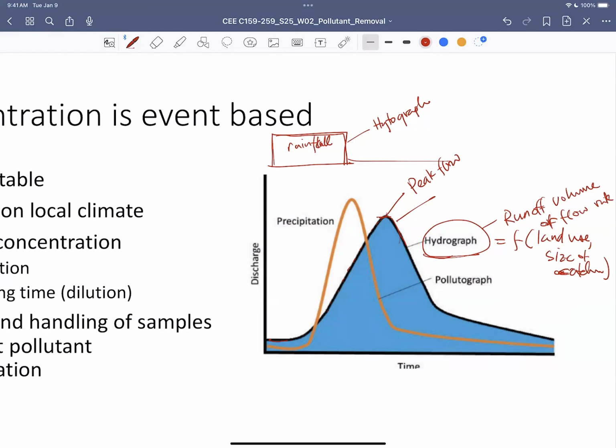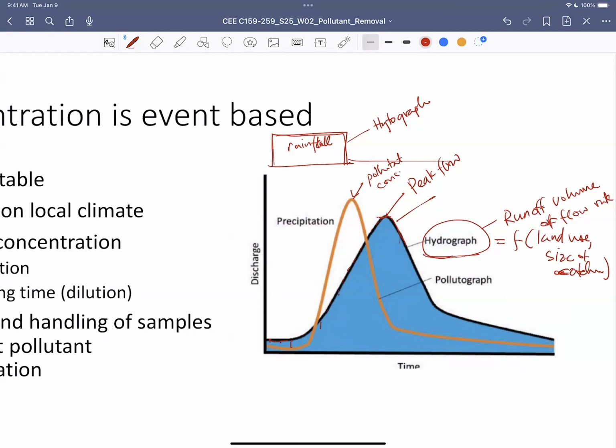For the pollutant concentration at different times, if you measure them, you might see something like this. This is the pollutant concentration, or the pollutant mass discharge per unit time, which is the flux of pollutants.